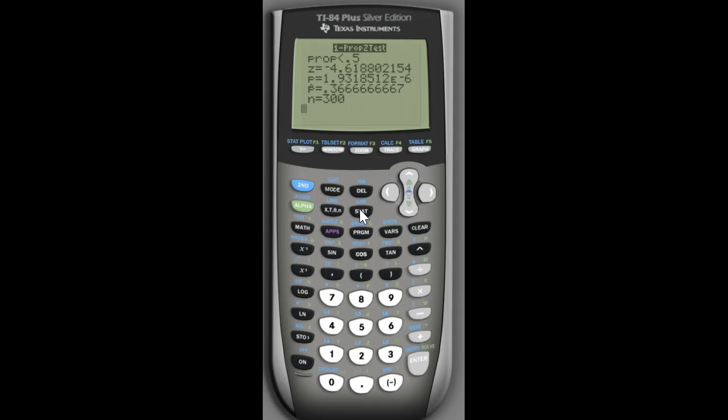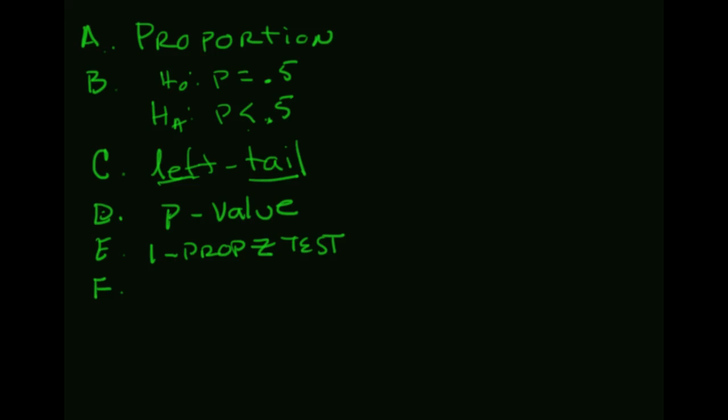We calculate, and our p-value is like 1.931 times 10 to the negative 6. So let's go and record that. Alright, so the appropriate p-value for this test is that p is equal to 1.932-ish times 10 to the negative 6.